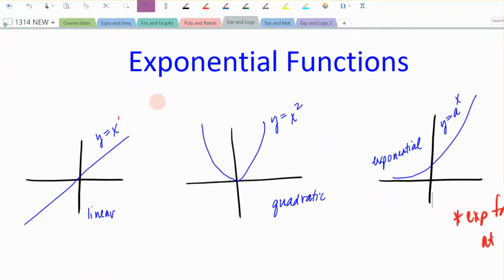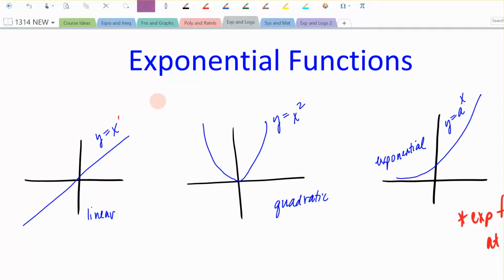One thing I want you to notice, though, as we look at these three functions: in both the linear and the quadratic function, the variable x is in what I would call the base position. In other words, x is raised to the first power in linear, and to the second power in a quadratic.